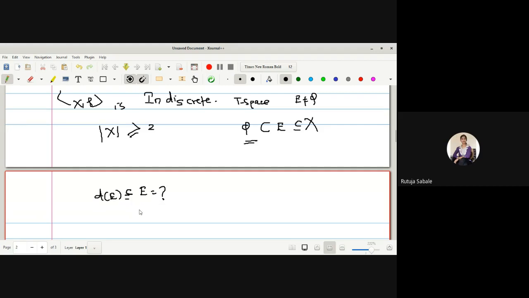Let me go back to what we have done for finding the derived set for the discrete and indiscrete topological space.